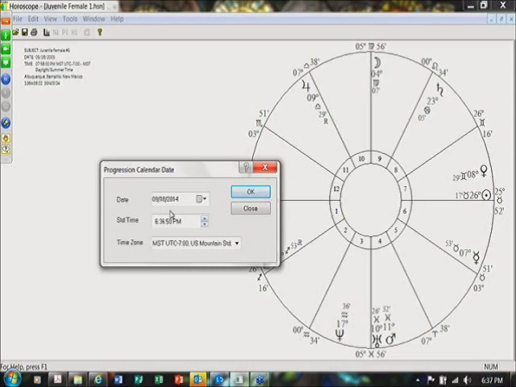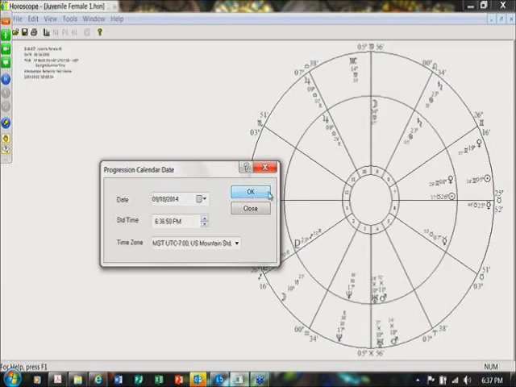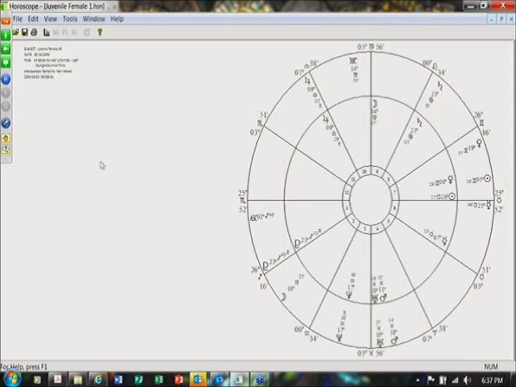And then it will come up showing whatever the date was that the chart was saved for. So we're progressing this chart to 9/18/2014. And that places the major progressions in the outer wheel. Majors represent the major events taking place. And this is the information that we want to be working with.